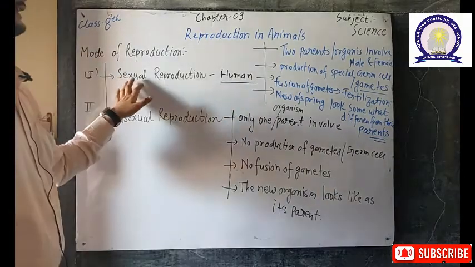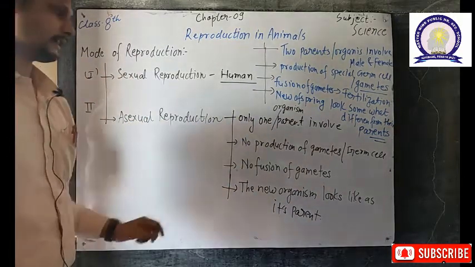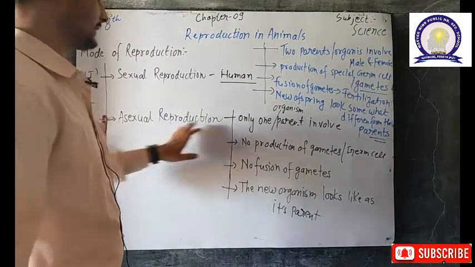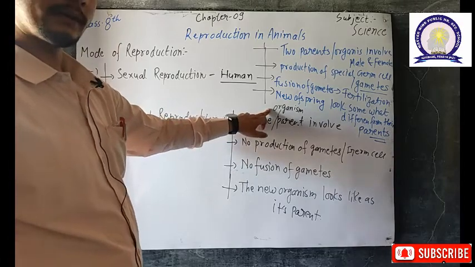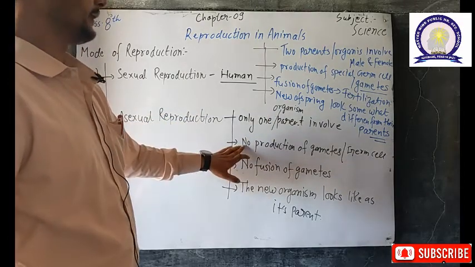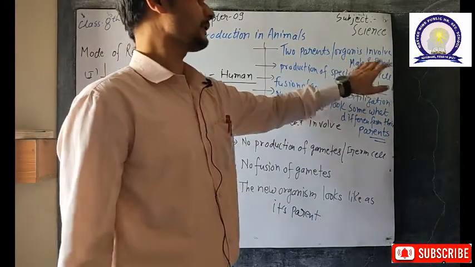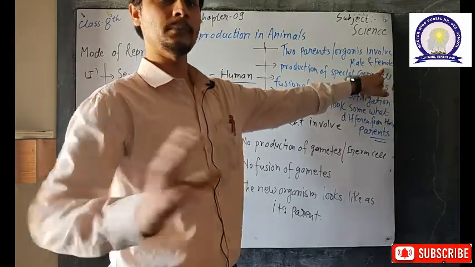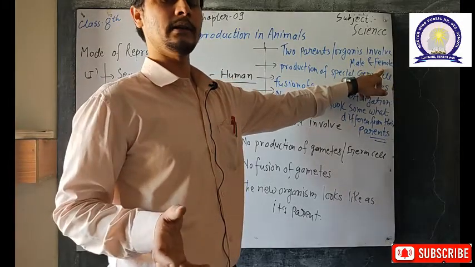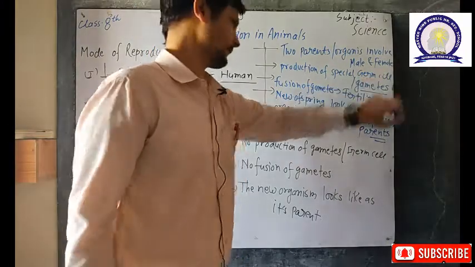Now the main differences between sexual reproduction and asexual reproduction are listed here. In asexual reproduction, mainly one parent, or only a single organism, is involved in the process, whereas in sexual reproduction two parents are involved, one male organism and one female organism, with the reproducing parts called the male sexual organ and the female sexual organ.